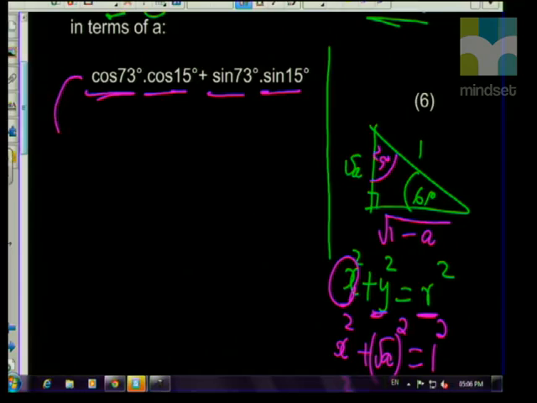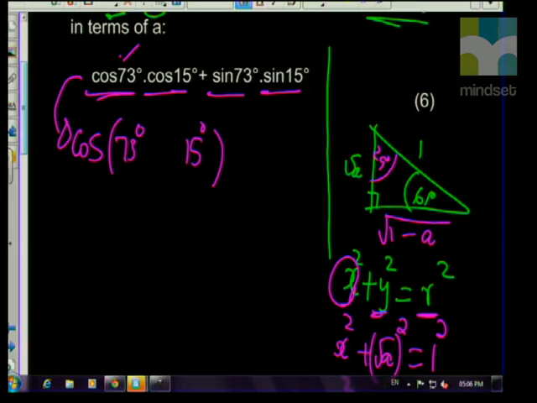But with sine, it's going to be sine cos, and then cos sine, and the sign stays as it is. Now, in this case, I've got the cos. So this was the expanded form of cos of the first angle, which is the 73 degrees, and then 15 degrees. The sign differs from the original one, so this one was a minus.